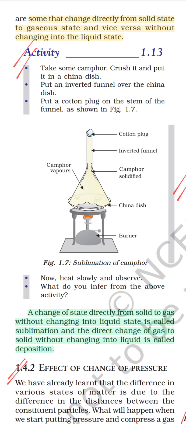Just like here: cotton plug, inverted funnel, camphor solidify, camphor vapors, china dish, burner at the bottom. Sublimation of camphor. Now heat slowly and observe. What do you infer from the above activity?